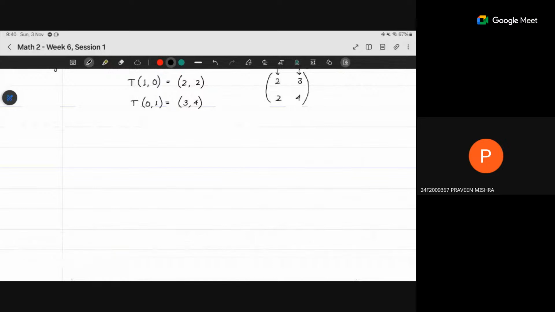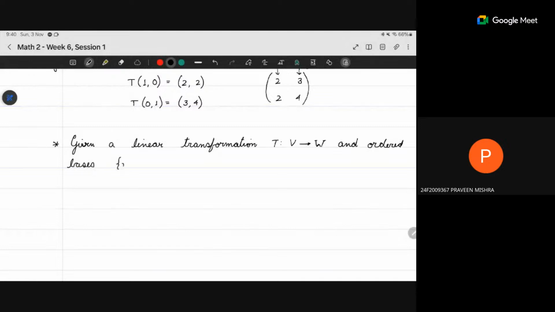So the most general construction is the following. Given a linear transformation T from V to W, and ordered bases V1, V2, ..., Vn of V and W1, ..., Wm of W. So I'm taking a linear transformation from an n-dimensional space to an m-dimensional space, and m is not necessarily equal to n.